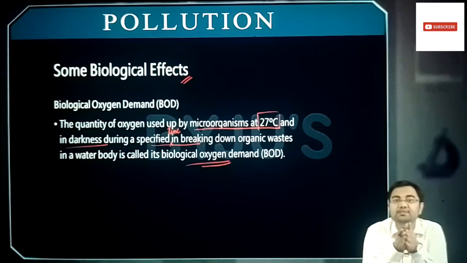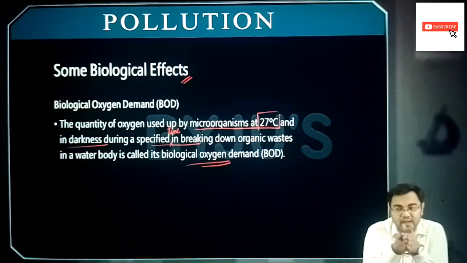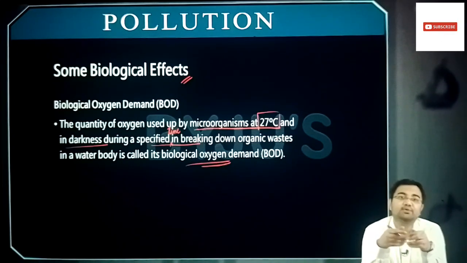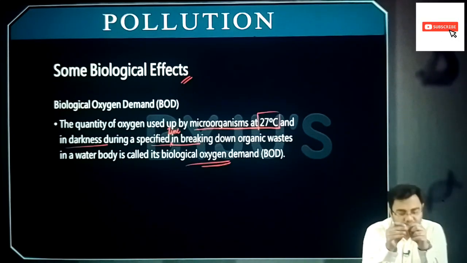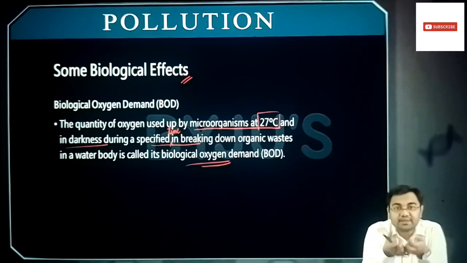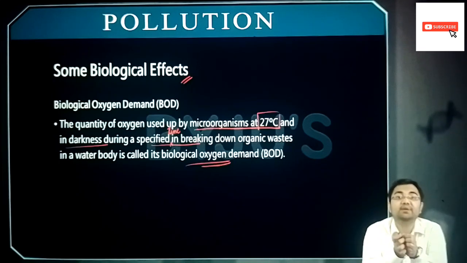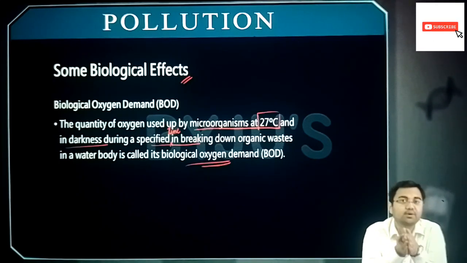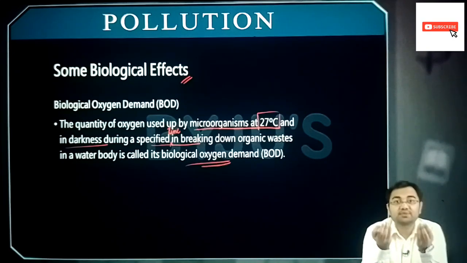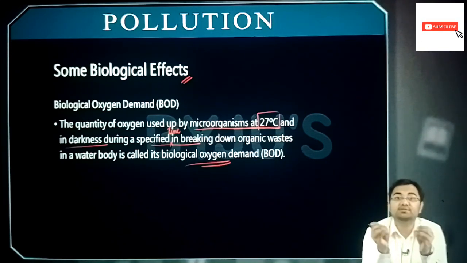The microorganisms present in the system act upon these wastes for their own consumption and growth. Now, in the process, the metabolic activity requires oxygen, and this demand of oxygen is met by the dissolved oxygen which is present in water. It is this amount of oxygen which is defined as biological oxygen demand.